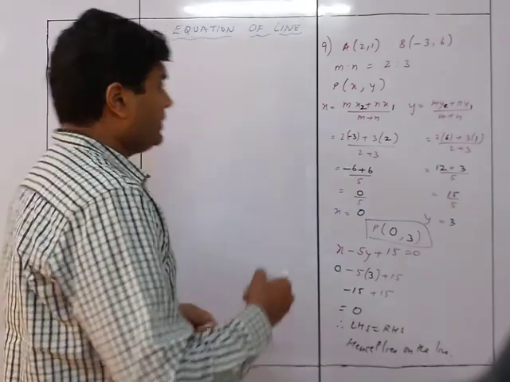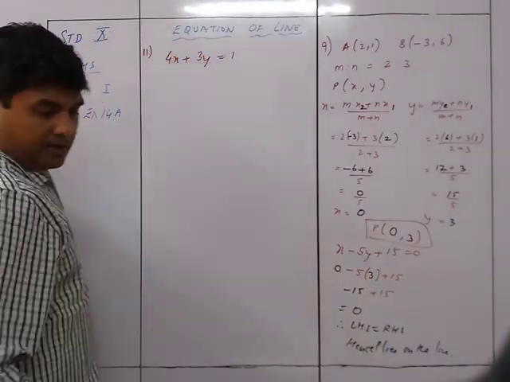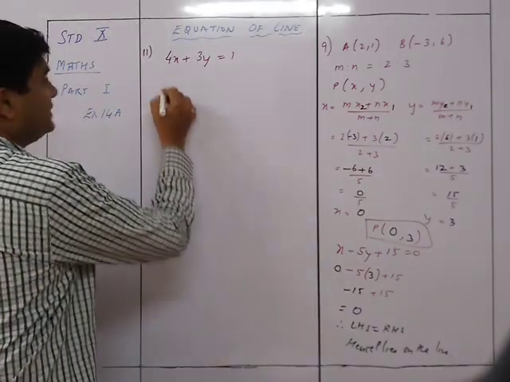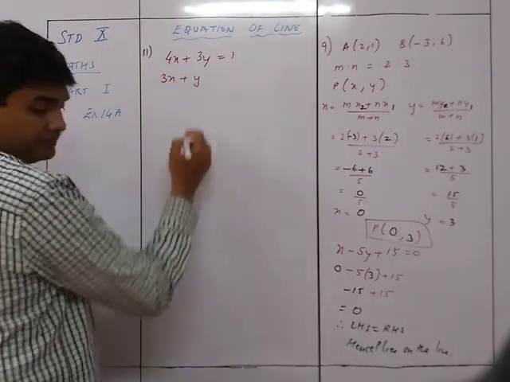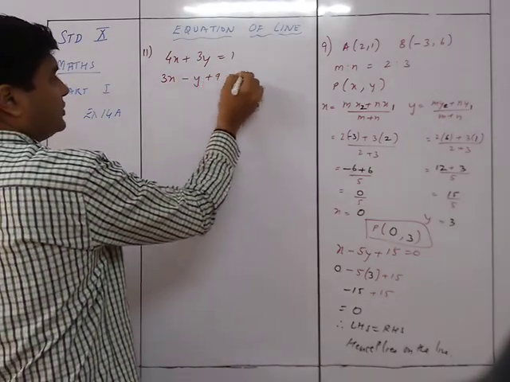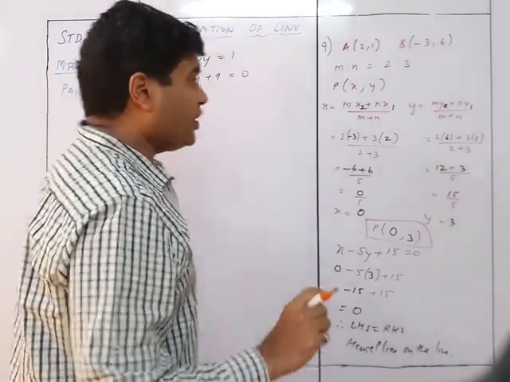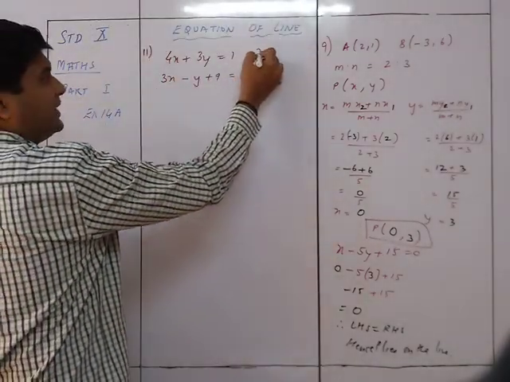That is, equation 1 is 4x plus 3y is equals to 1 and the second equation is 3x minus y plus 9 is equals to 0. And then they gave me the intersection of these two.